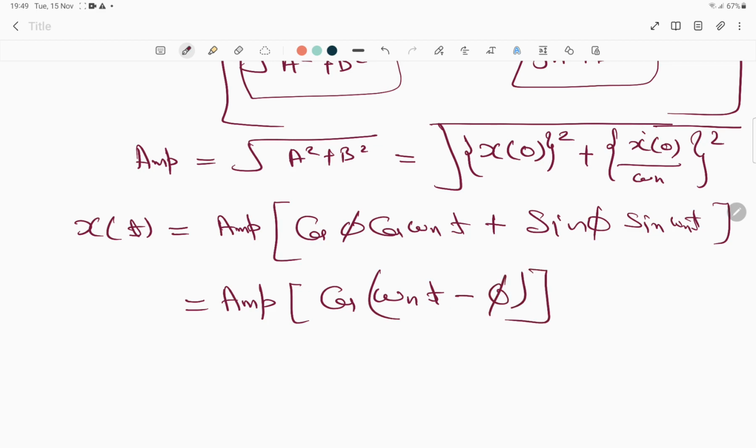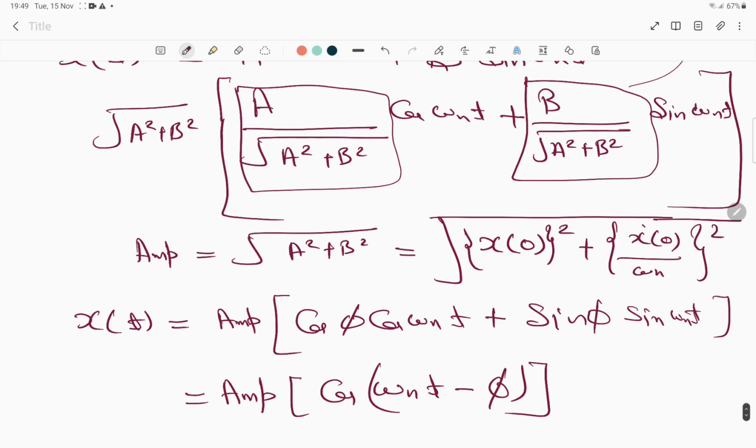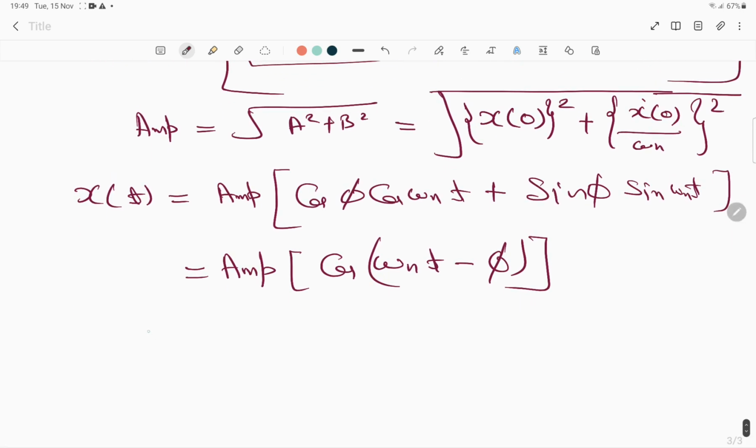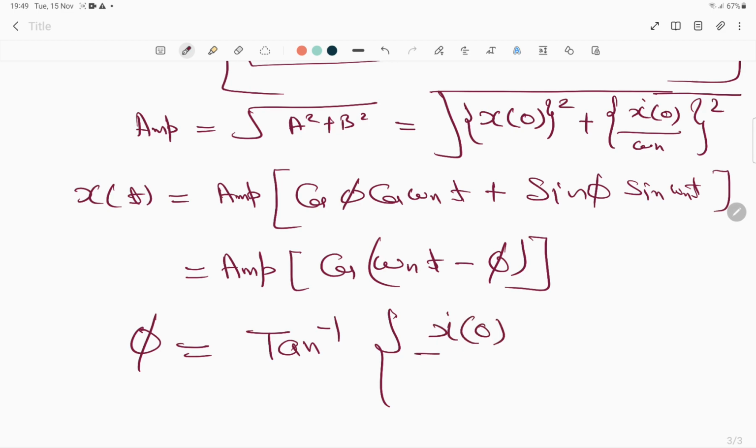Now basically I have to find what this phi is. I know what cos phi and sine phi are, so I can find phi. If I do that, I can directly find phi as tan inverse, and over here I will have x dot 0 divided by x0 and omega n. So that is what I am going to get, and that is what I have done over here.